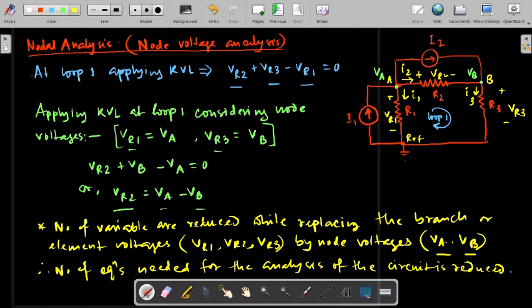So this is the understanding of why nodal analysis, or how nodal analysis is superior to the basic method of applying KCL, KVL and element method that I discussed in the last class. Okay. Now next I am going to the procedure of applying nodal analysis.